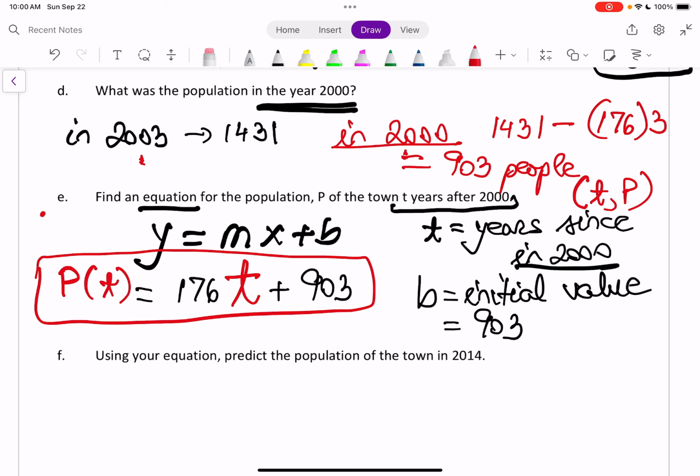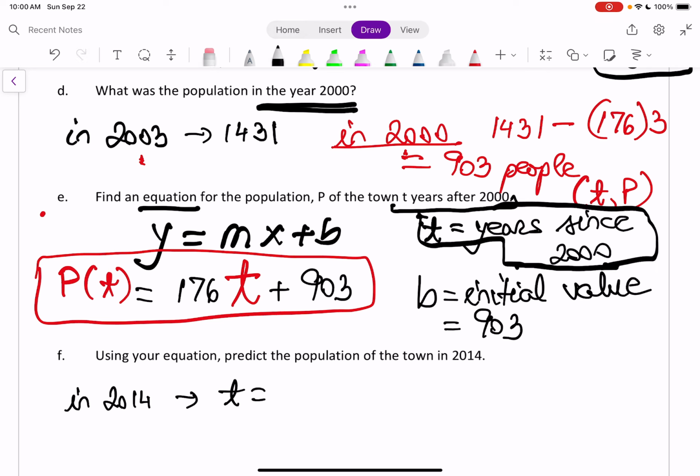All right, so here it is. Using your equation, predict the population of the town in 2014. Now, 2014, that's how many years since 2000? Because remember, for this equation, t is years since 2000.